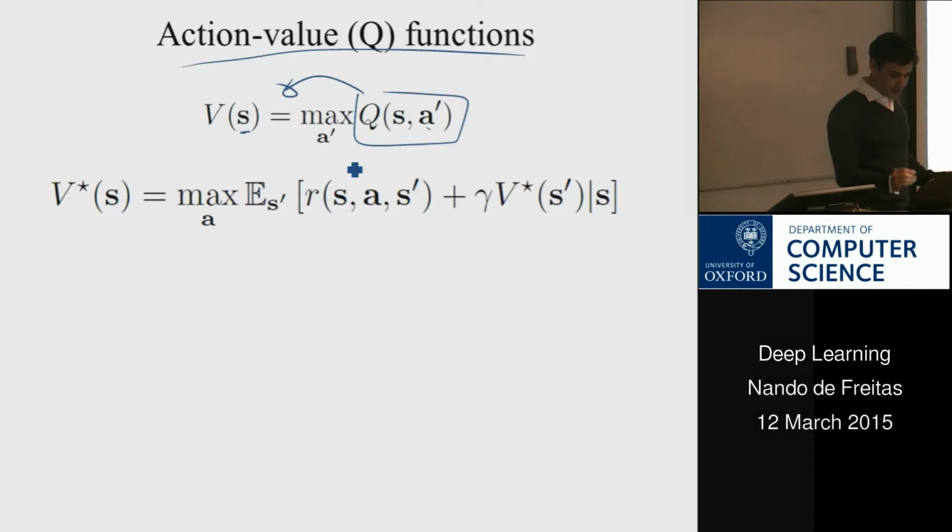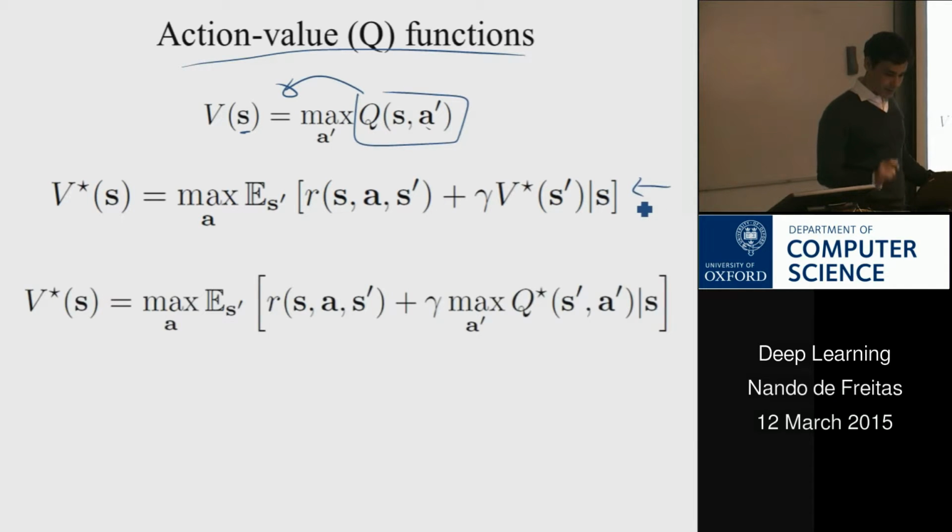Now, this is Bellman's equation again. And we can now, using this expression that V of S is the max of Q, replace V star with the max over A prime of Q star. This is true whether this is pi or star.